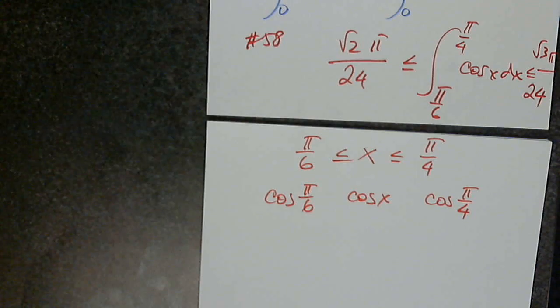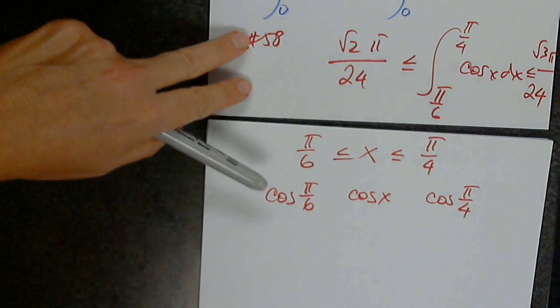It depends. If the function is increasing, cosine of pi over 6 will be smaller than cosine pi over 4. But if the function is decreasing, cosine pi over 6 will be bigger than cosine pi over 4. So I have to think about this.